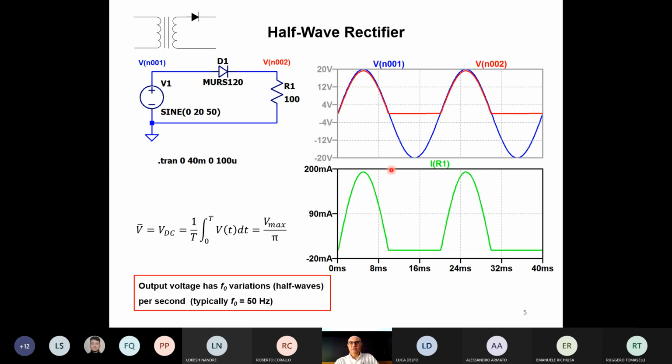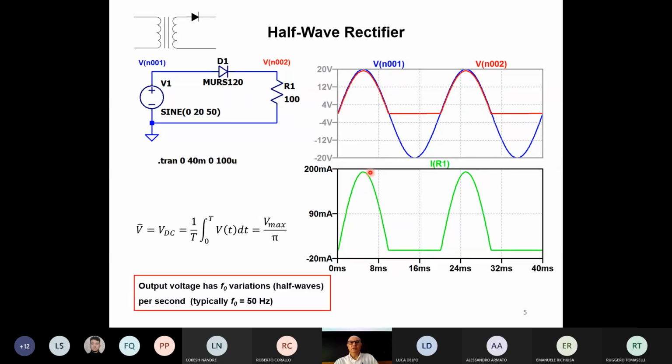Another interesting thing to see is the current, the green line, which is the current through the resistor R1. If you see here, the current through resistor R1 will follow precisely the voltage across the resistor. So you just divide the voltage by 100 ohms and you get the current. It's perfectly the same. So the 0 milliamps is here.